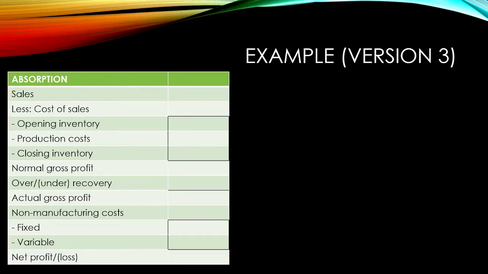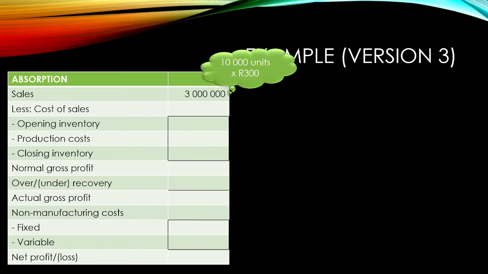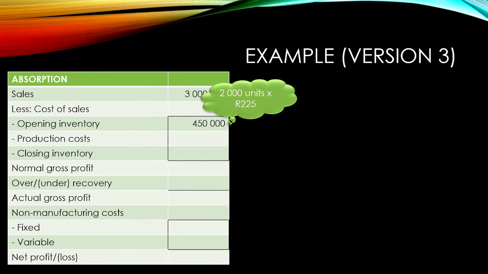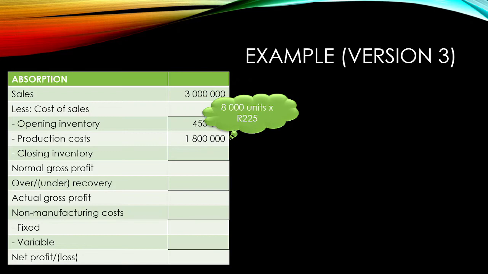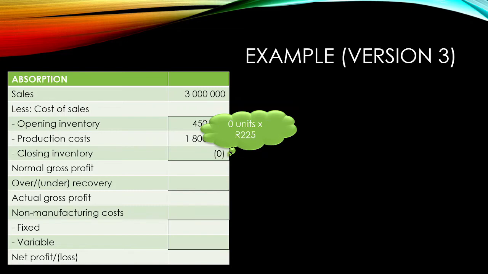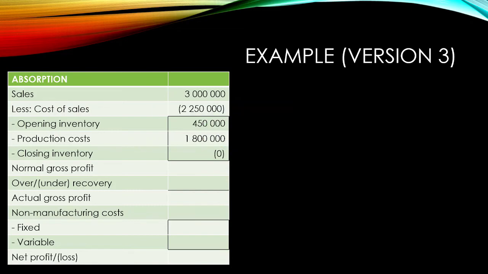Now let us prepare the income statements. For absorption costing, again, our sales and opening inventory remain unchanged. Our production costs are now based on the 8,000 units at the 225 Rand per unit, and our closing inventory is nil. We can calculate our cost of sales and our normal gross profit.